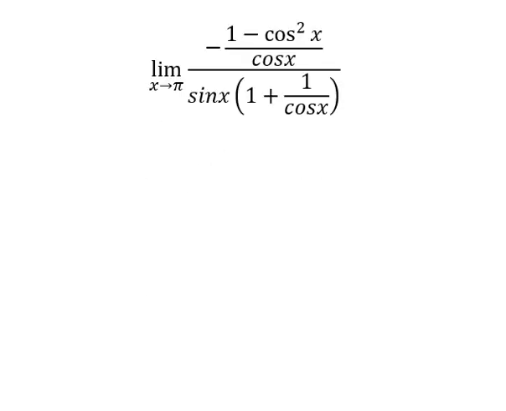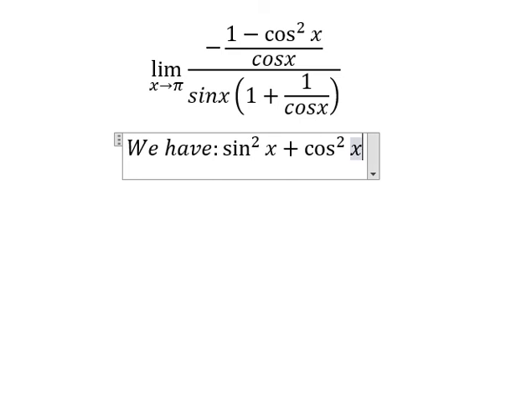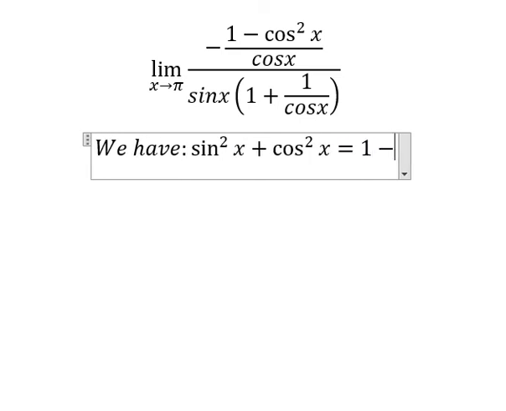So we have the next formula, sine S squared plus cosine S squared equals to number 1. So I will put cosine S squared go to the right.